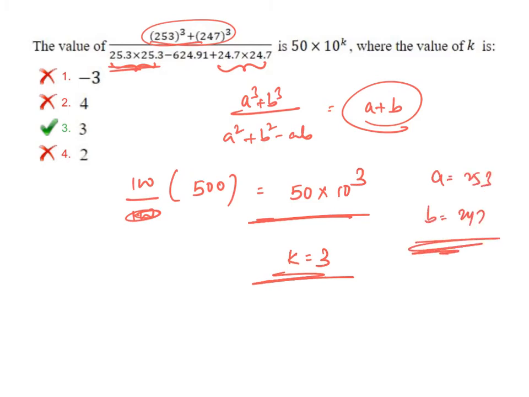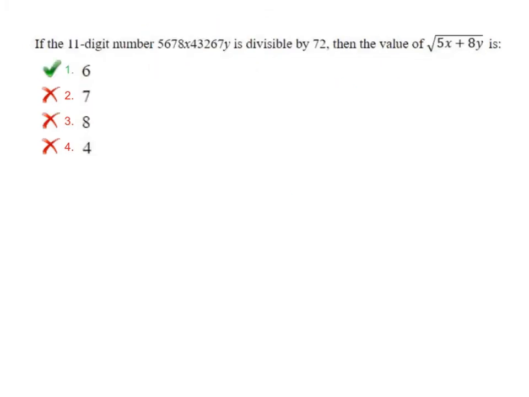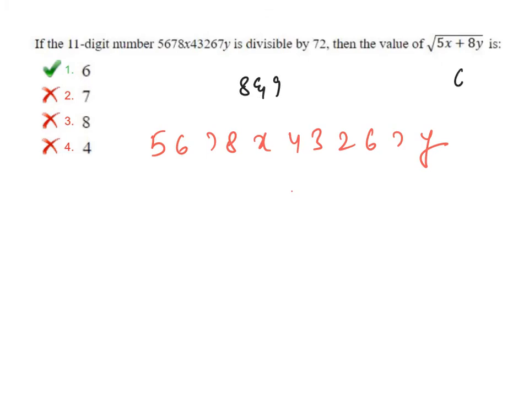Try to understand that. The 11 digit number 5678x43267y is divisible by 72. Again, divisible by 72 means 8 and 9. If I apply the divisibility rule of 8, 8 8s are 64. Now, 3 is left, therefore 32, which means y value is 2. Now, apply the divisibility rule of 9.